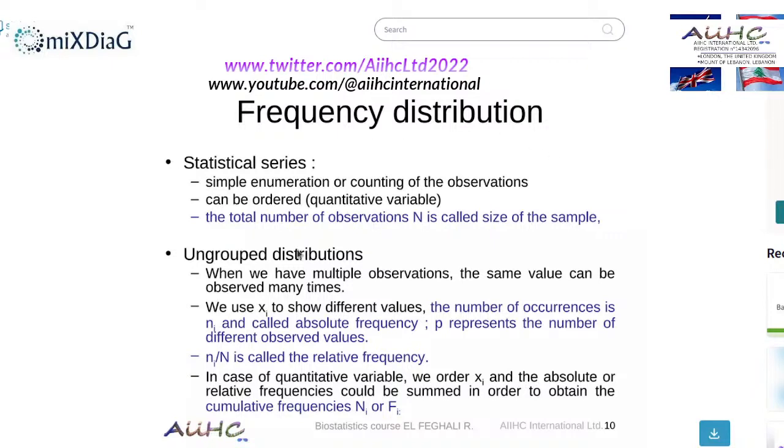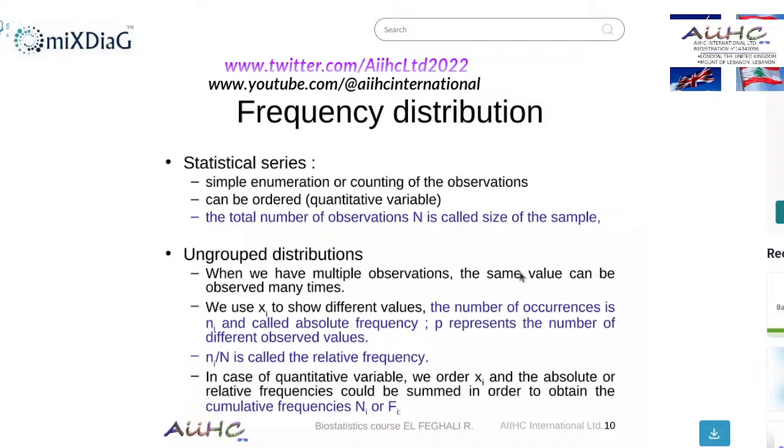So here, when we have multiple observations, the same value can be observed many times. The value may be a qualitative one. Bullying, for example, we can observe it many times. So here we say the ungrouped distribution.